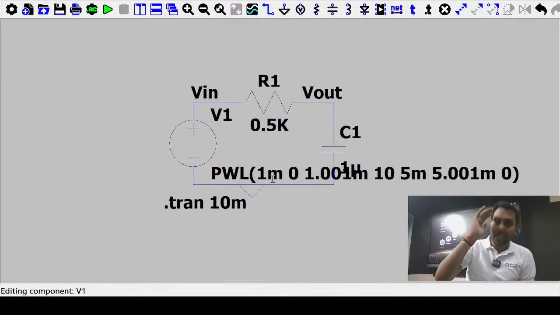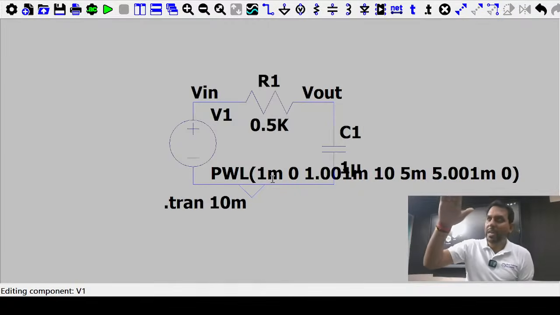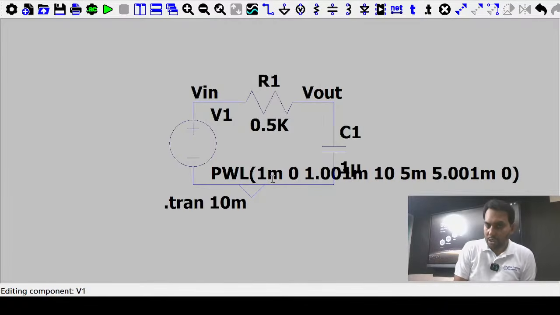Your input till 1 millisecond is 0, after 1 millisecond it becomes 10, and is maintained at 10 till 5 millisecond. After 5 millisecond there is a sudden change to 0, and it is maintained at 0.